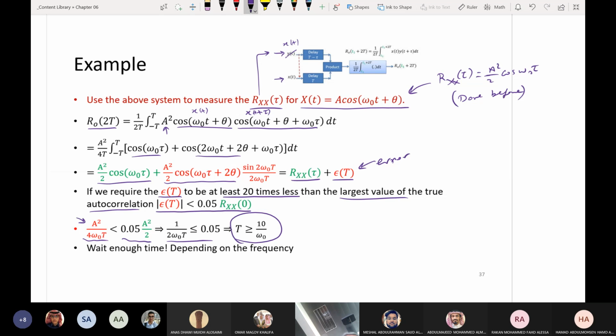Our colleague who asked how long T should be: well, it depends on your frequency. If the frequency is high, meaning the signal changes quickly, you can have a smaller T. But if the signal is changing very slowly, meaning the frequency is small, you will have to have a larger observation time.